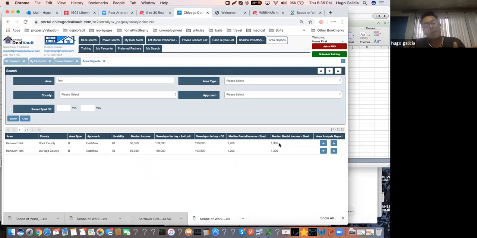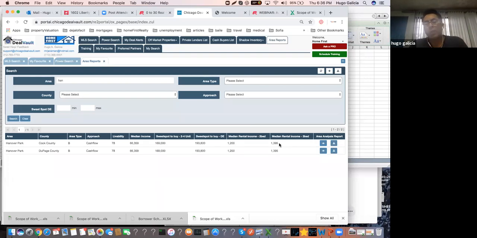So right off the bat, we already know a lot about Hanover Park, even without going into the details. This tells us that if we wanna pursue buying this property, we have pretty much 2 exit strategies: either we wholesale the property or we buy and hold the property.